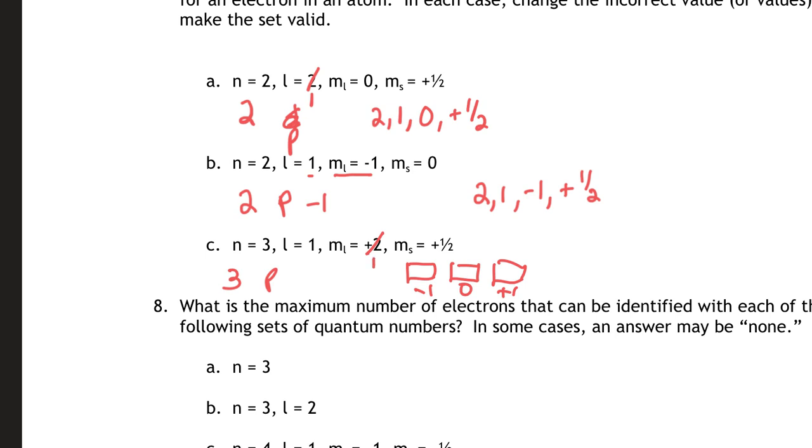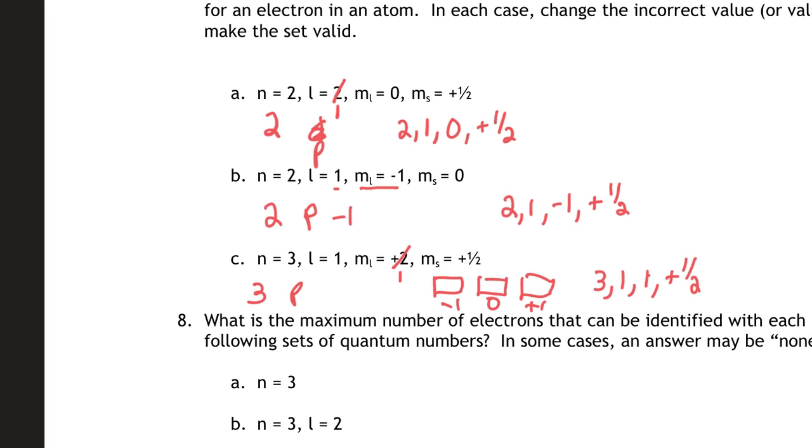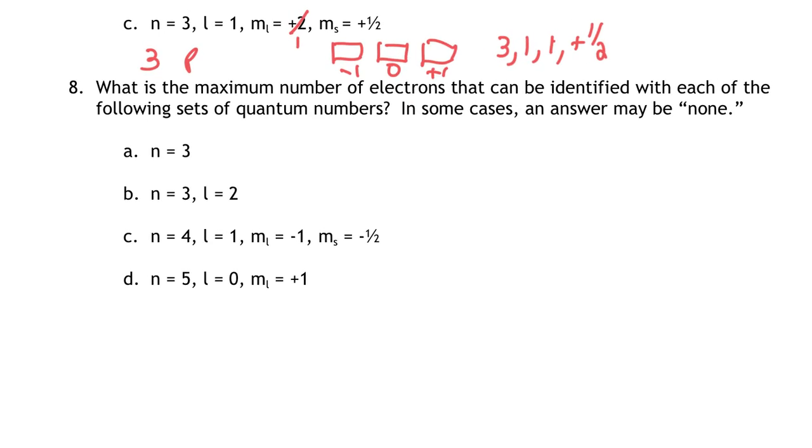So I can have the p orbital, and I can have the number 1, and that +1/2 looks fine. So let's rewrite this. So we could have a 3. The 1 is fine. We have to change the 2 to a 1 because there's no such thing as a +2 orbital. And then we're okay with that +1/2. So that works.